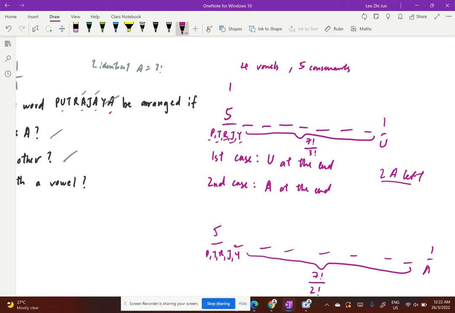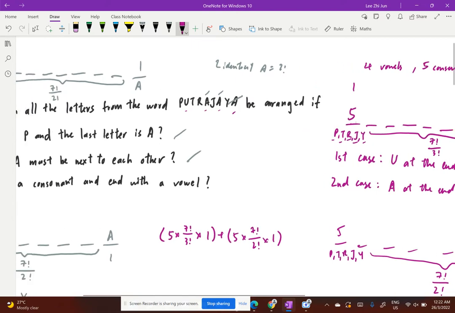So from this, I will get the first case, 5 times 7 factorial divided by 3 factorial times 1, plus 5 times 7 factorial divided by 2 factorial times 1. So you just add on.